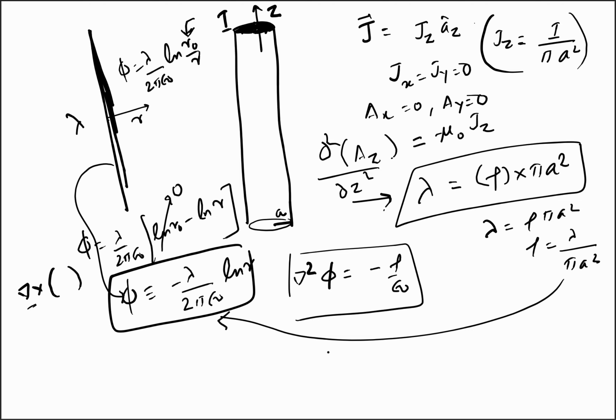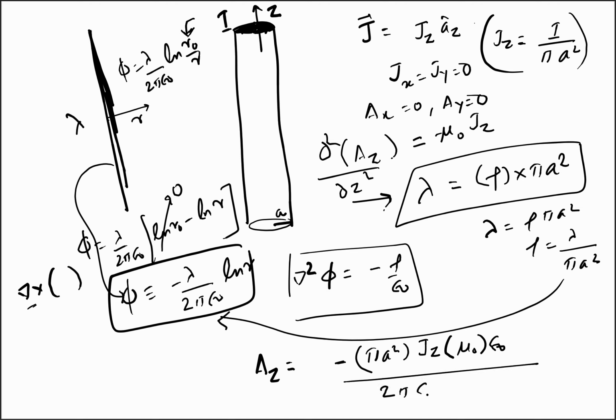I can write directly Az is equal to minus mu naught Jz pi a square over 2 pi, on comparing this.